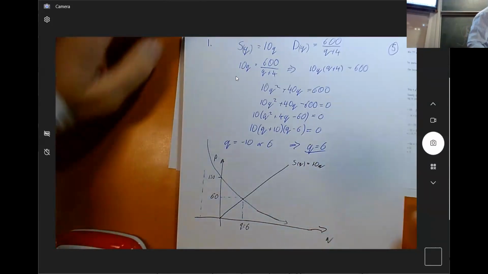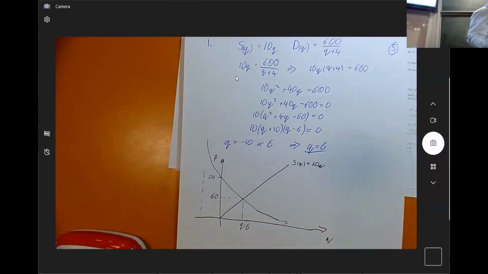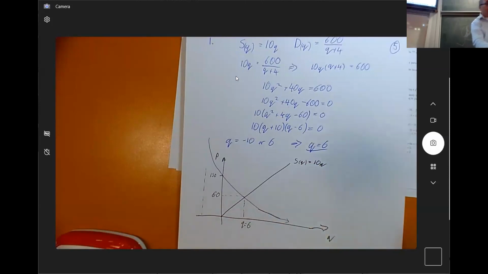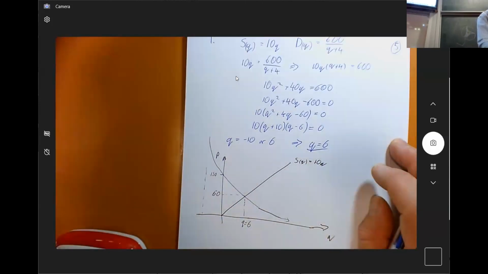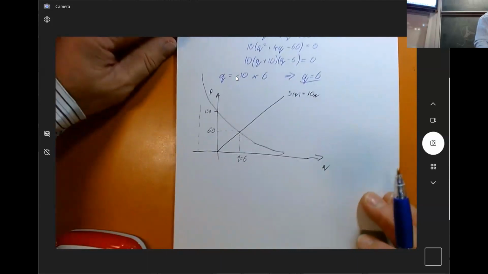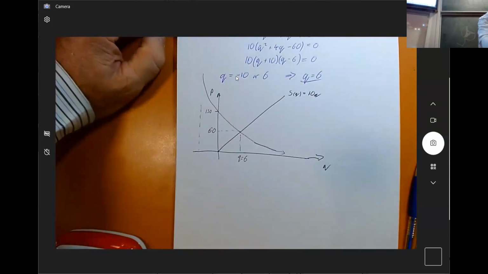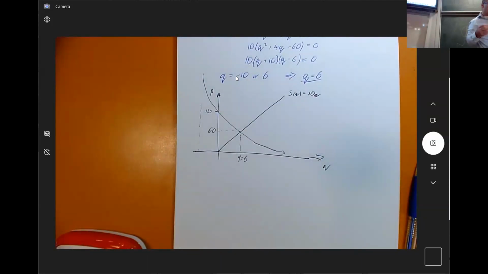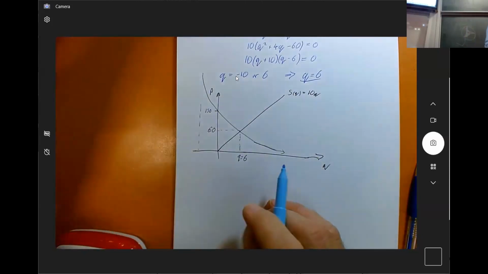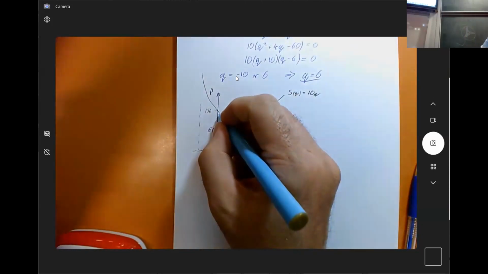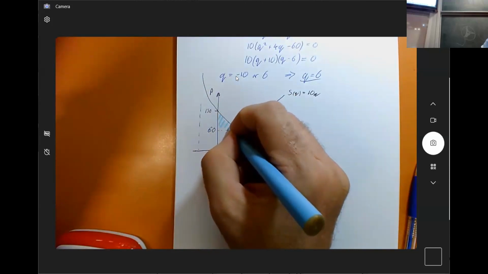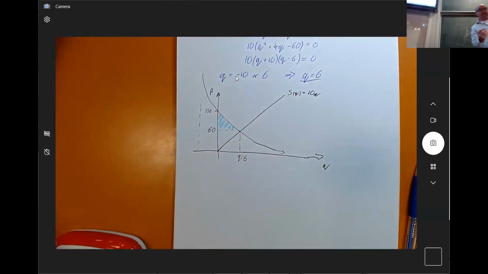The question actually goes on to say, calculate the consumer surplus and calculate the producer surplus. So, consumer surplus works out to be this part of the graph. Yeah, that's the right way around.